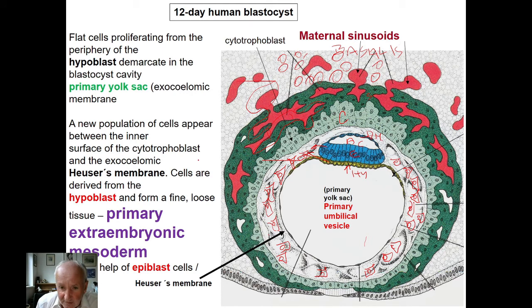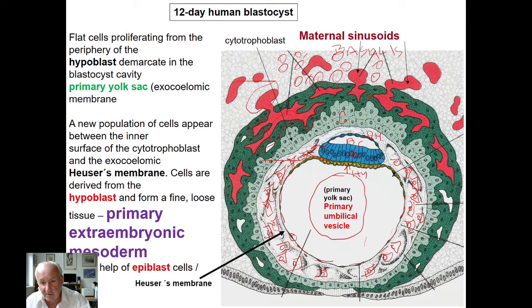So suddenly you see here such a new population of interesting star-shaped cells, but some of them get very flat, you see even the nucleus, surrounding such a smaller cavity, which cannot be anymore the cavity of the blastocyst. But it's the so-called primary umbilical vesicle or primary yolk sac.